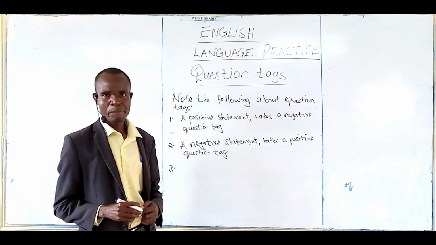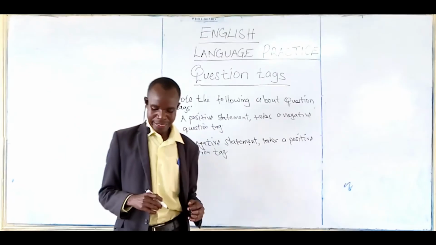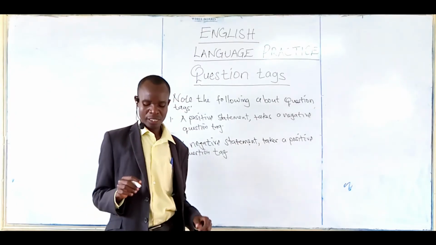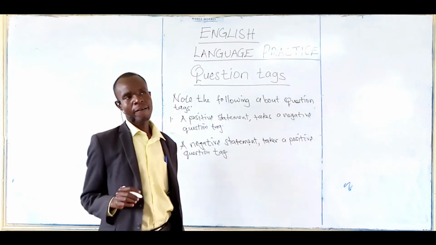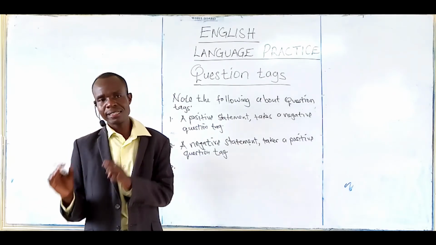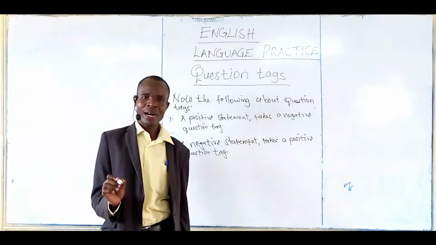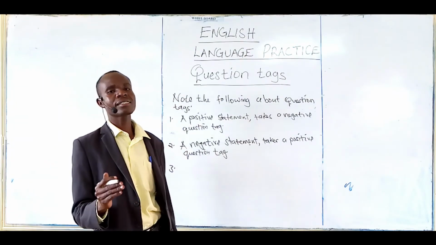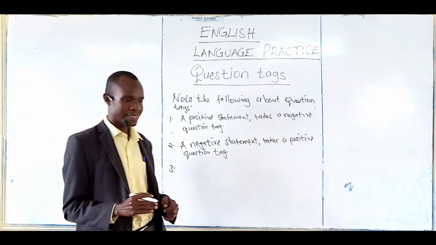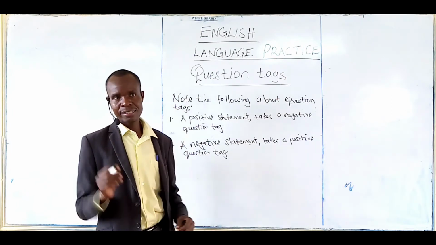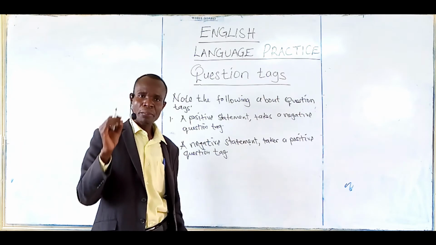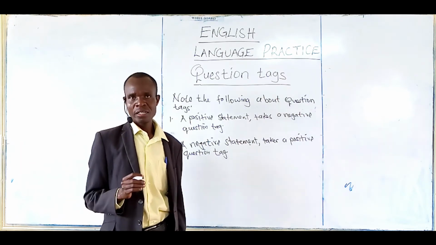In KCPE 2011, number 17, there was this question: she often sings in the choir. Underline the word "sings" because that is the main verb in that sentence. Look at the nature of that verb. "Sings" is simple present tense.